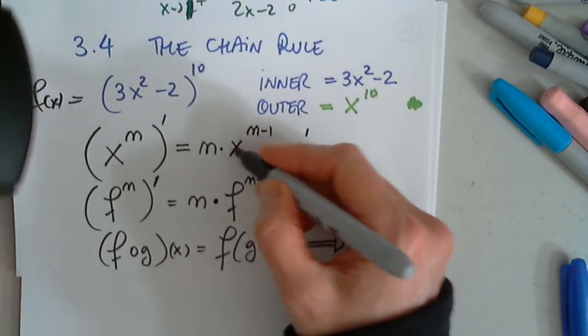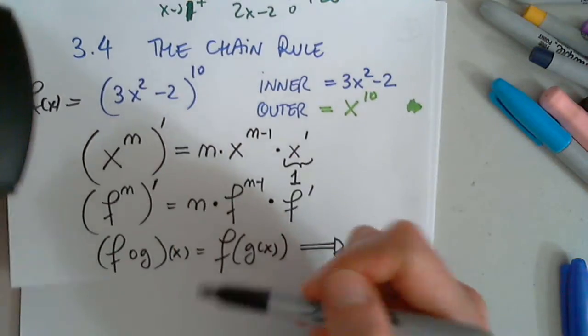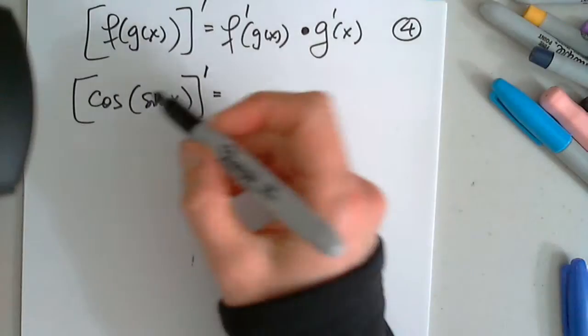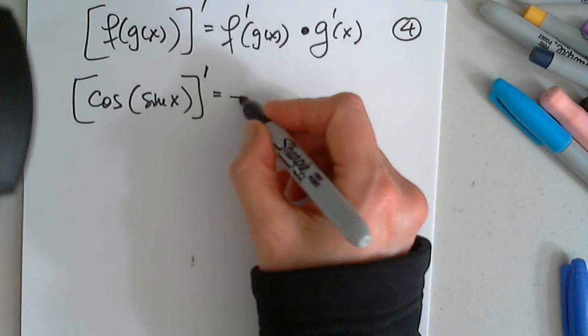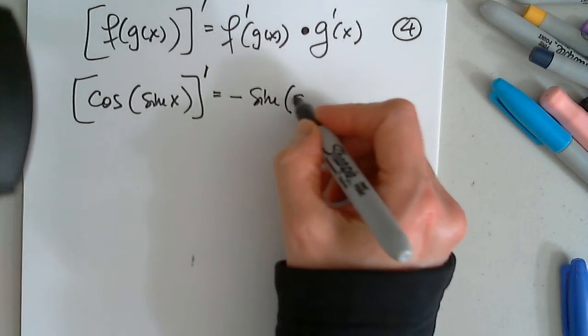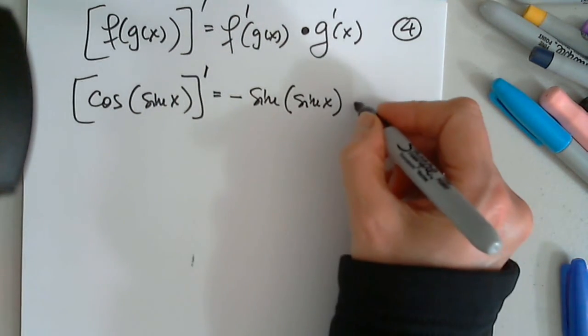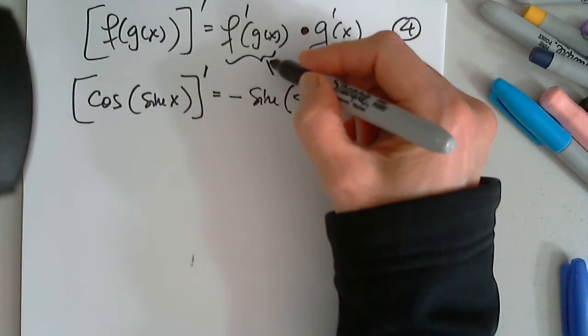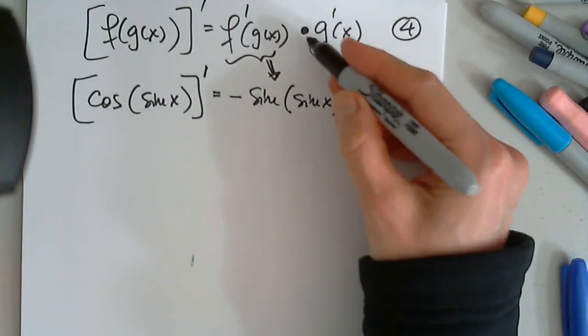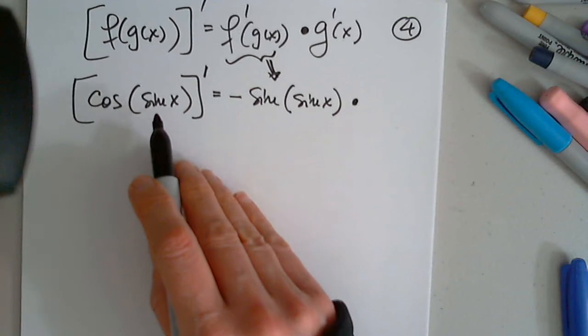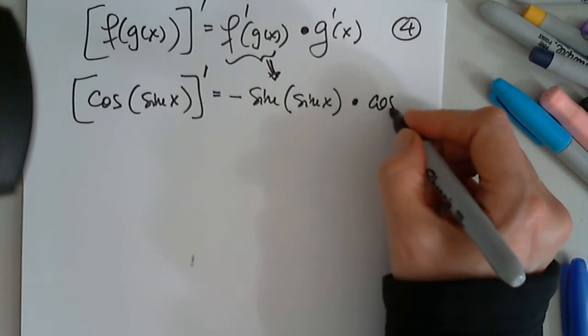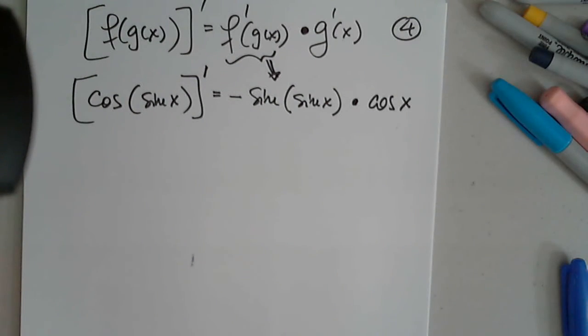So the chain rule combined with the power rule. I differentiate cosine and I get negative sine of sine x. This is this piece. Now I'm here multiplied by the inner function prime, which is cosine x. So this was an example.